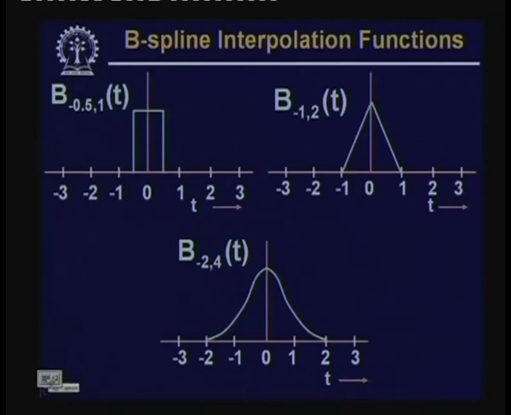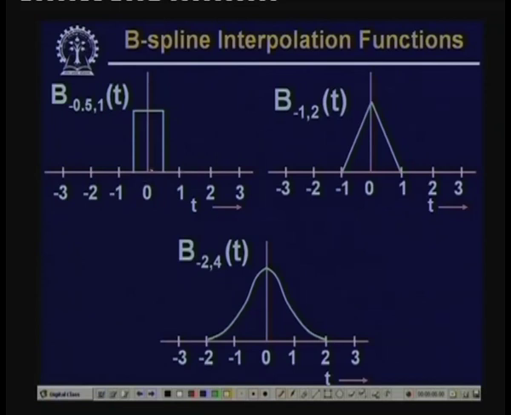So, in the earlier case, we had b_0,1(t) to be 1 between 0 and 1. So, b_0,1(t) was something like this. Now, along with p0, I do not consider b_0,1(t), but I will consider b_-0.5,1(t), and b_-0.5,1(t) is equal to 1 for values of t between minus 0.5 and plus 0.5, and the value of b_-0.5,1(t) will be equal to 0 beyond this range.